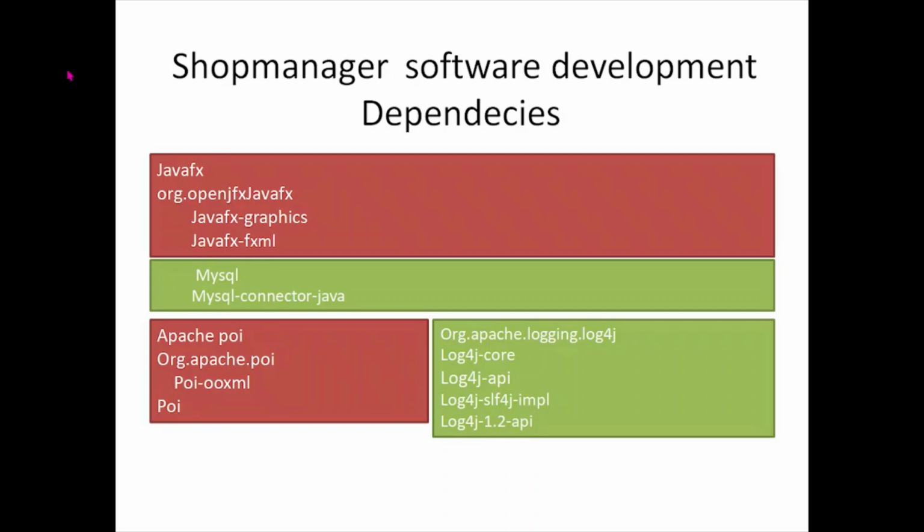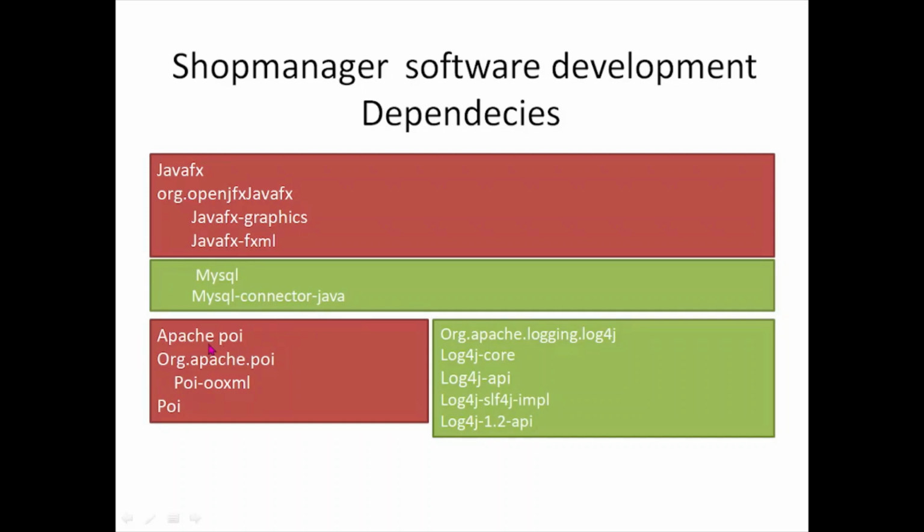So these are all the required APIs. JavaFX is for the view, this is org.openjfx, and this is javafx-graphics and javafx-fxml. These are the artifact IDs, and this is the group ID for all JavaFX related dependencies. This is the group ID mysql, and mysql-connector-java is the artifact ID.